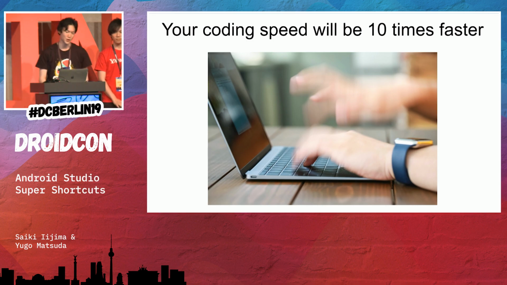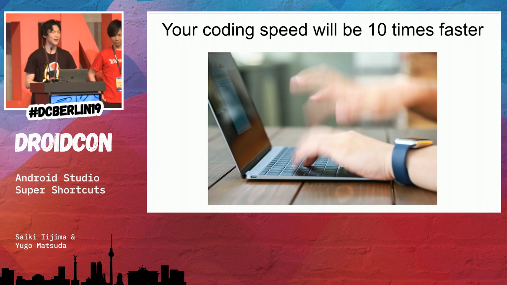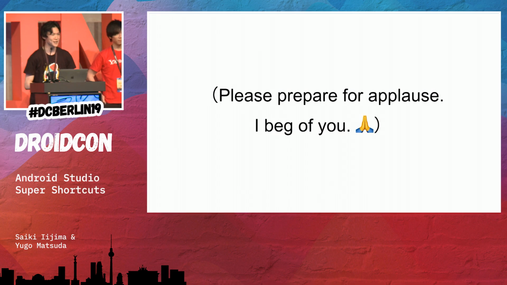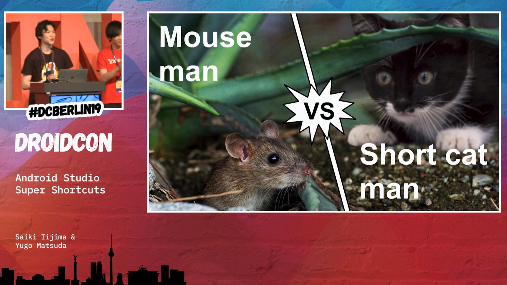If you can do it, your coding speed will be double or 10 times faster. First of all, we won't just tell you how fast the shortcut is compared to the mouse. So, I have prepared such content. Are you ready? That is Mouse Man versus Shortcut Man.